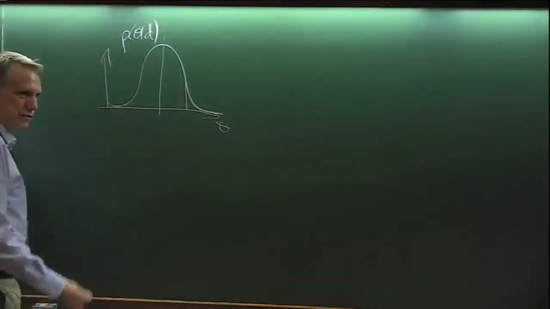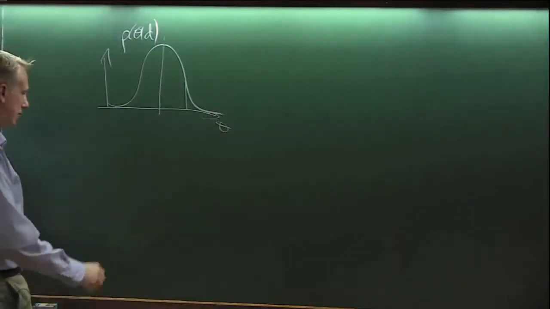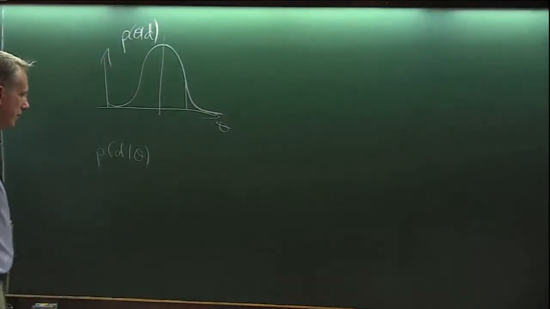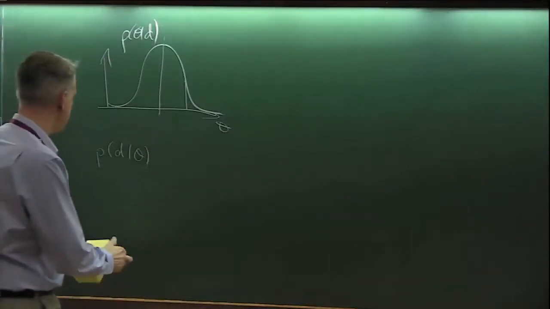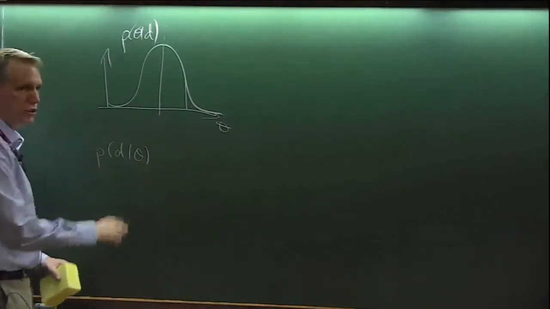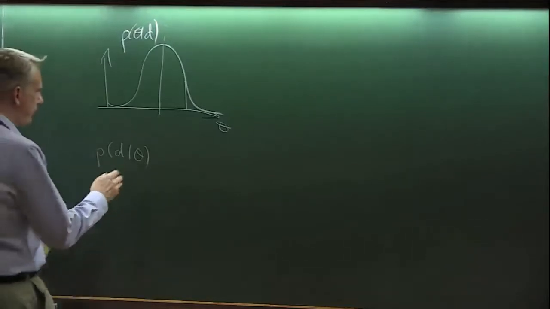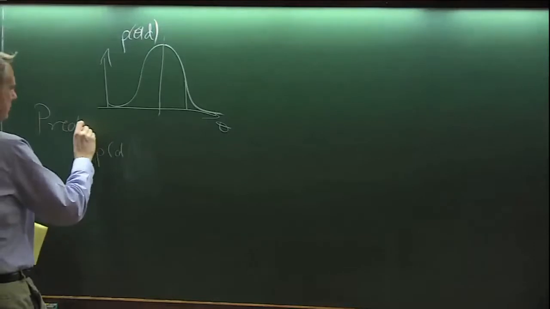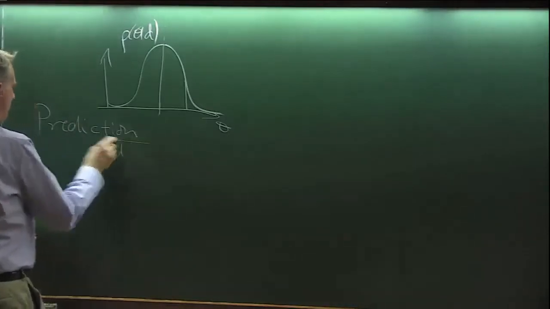So what do we have to do to predict something? Well, we take P of d given theta. If we knew the true parameters, we could predict the future data. Let me call this d future. So let's write prediction, a little section of our prediction.